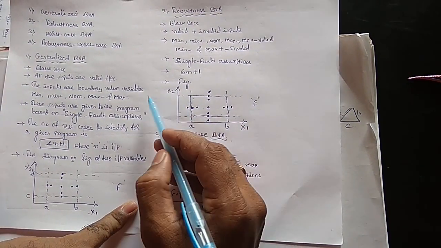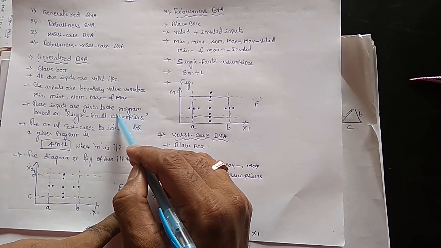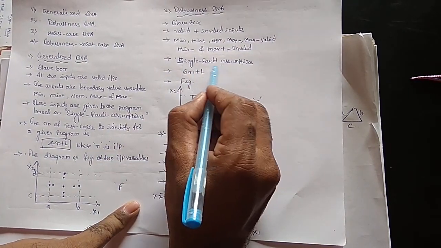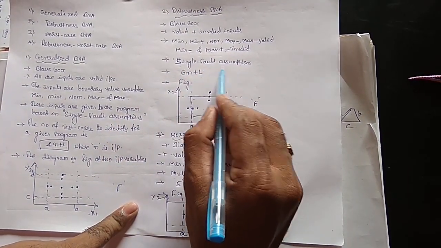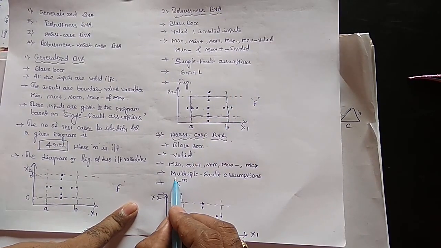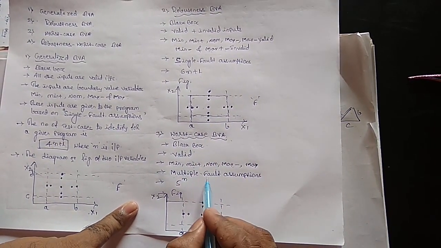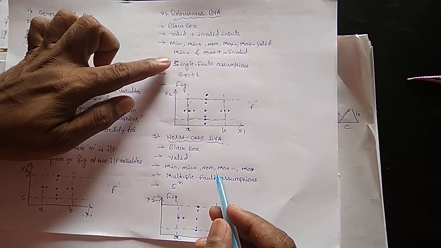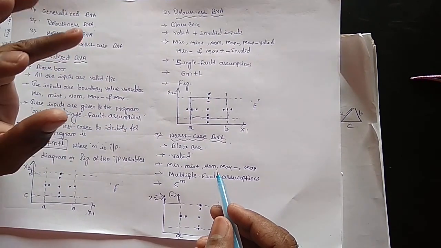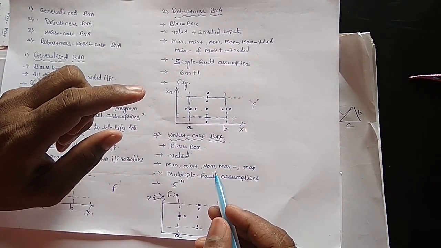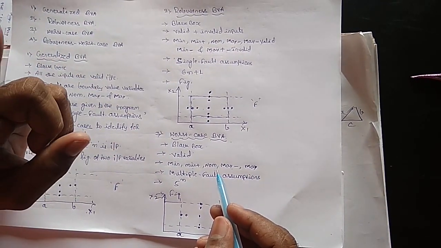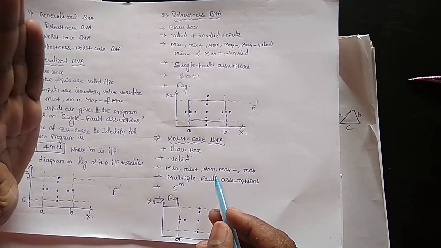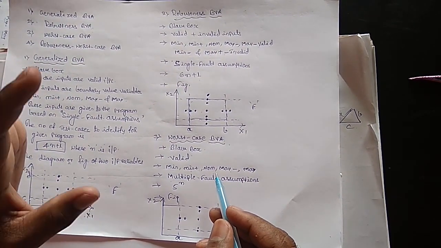But when compared to generalized BVA and robustness BVA, those two are single fault assumptions, whereas here it is a multiple fault assumption. What is the difference? In the single fault assumption, if a program accepts n inputs, one input variable we keep changing with respect to the boundary value variables, and the other inputs we keep as nominal.